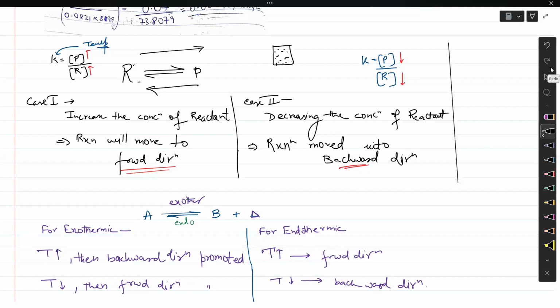So it starts moving towards the product. So the equilibrium is in the forward direction.